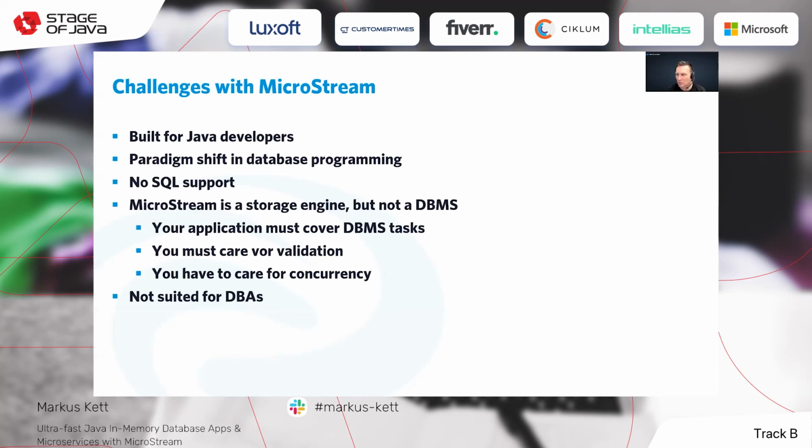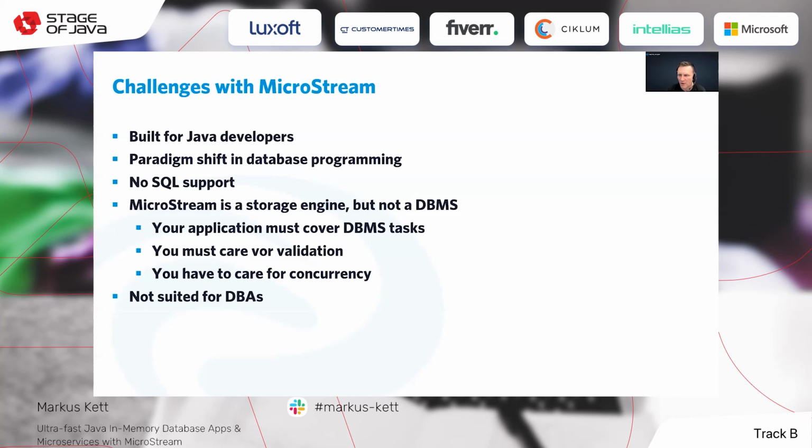MicroStream is a storage engine that stores your object graph. And that's the job of MicroStream, built for separation of concerns. It's not the database management system. So your application becomes the database management system and has to cover database management system tasks.